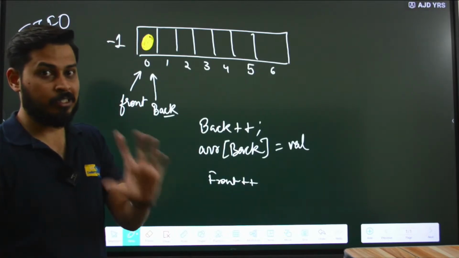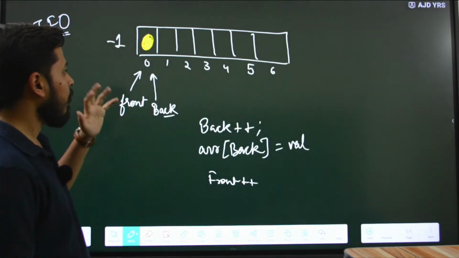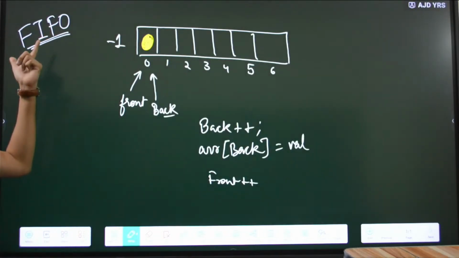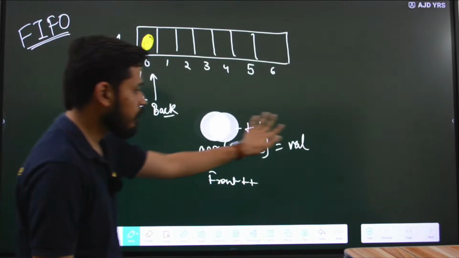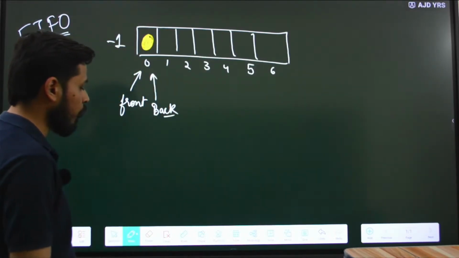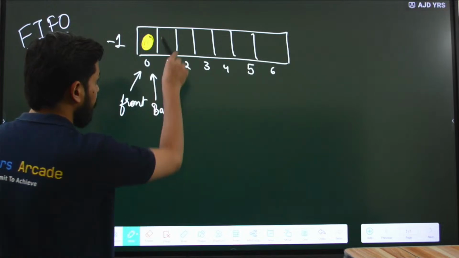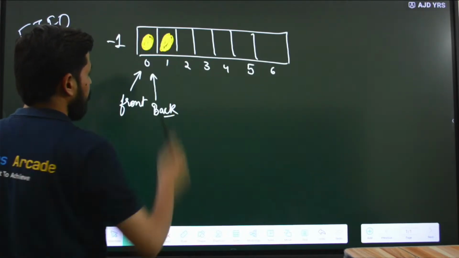But there is one catch here, guys. If I say front plus plus, how will I implement the concept of first in, first out? I'm going to pause this here and talk about this very soon. Let's say I want to implement another element right here. Let's say this is my next element.